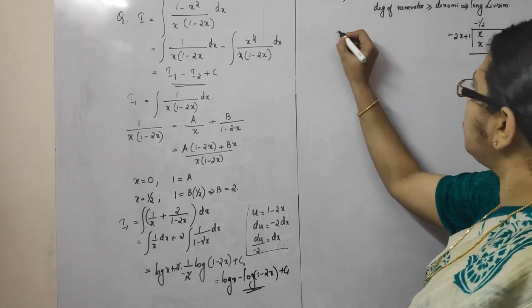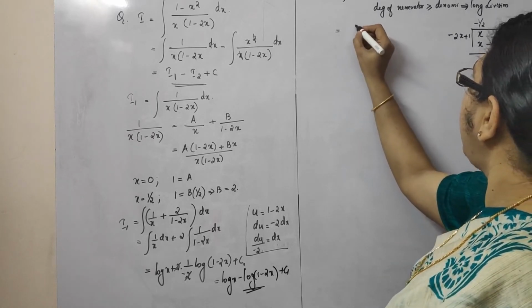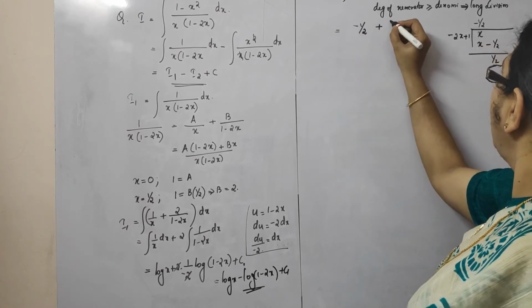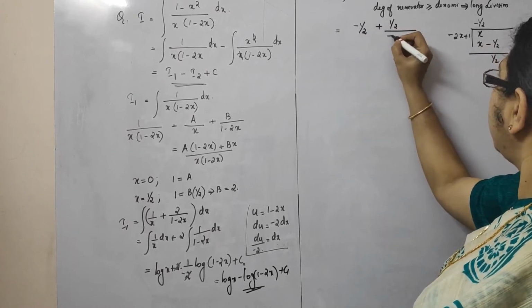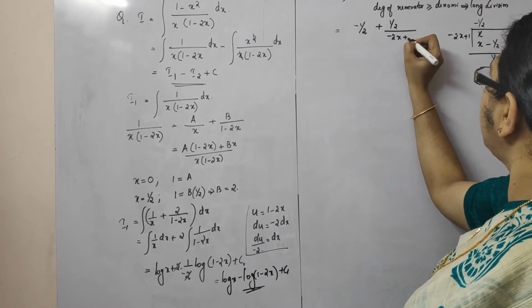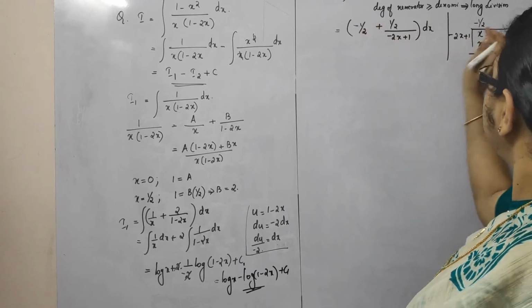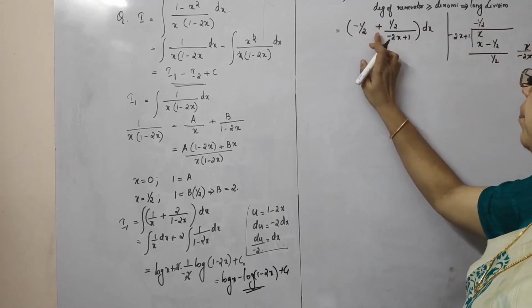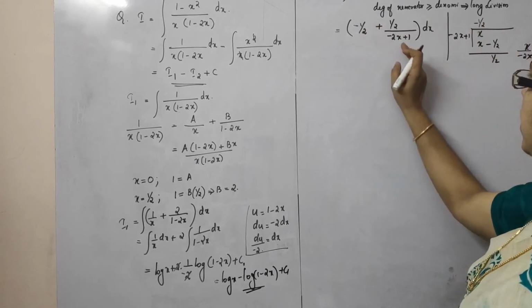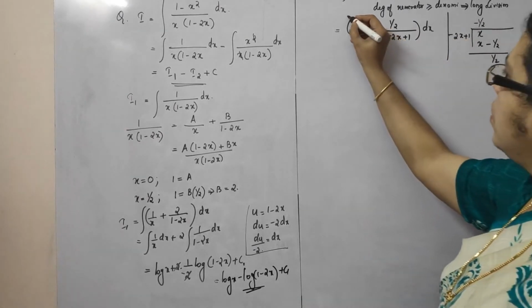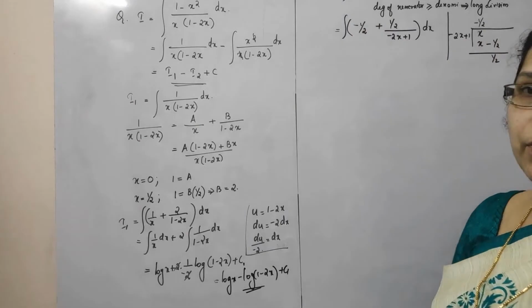So now this expression can be written as minus 1 by 2 plus 1 by 2 by negative 2x plus 1 into dx. So this is how I write: quotient plus the remainder divided by the divisor. Okay, so this is how this integrand is getting transformed.